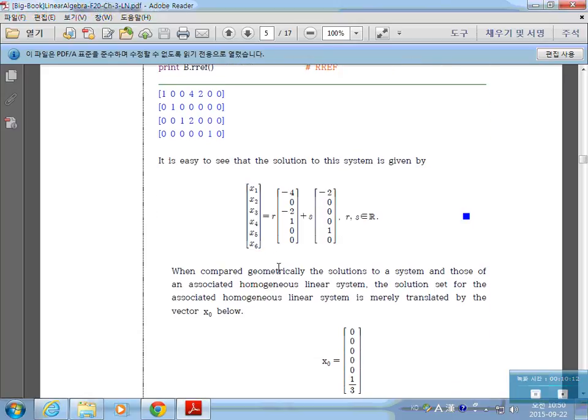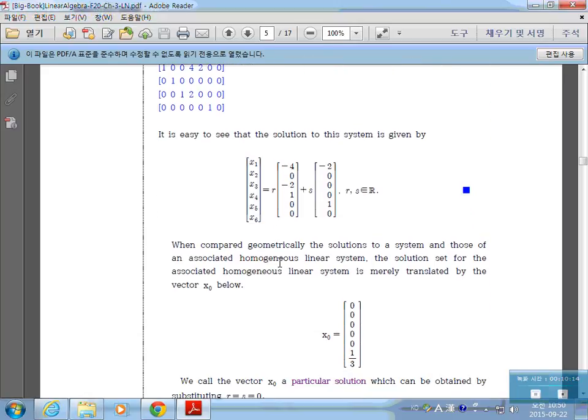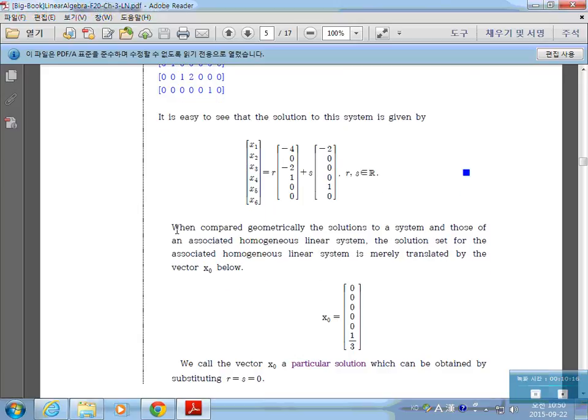Then the important thing is here, when compared geometrically, the solutions to the system and those of the associated homogeneous linear system, the solution set for the associated homogeneous linear system is merely translated by the vector x naught below, like this.